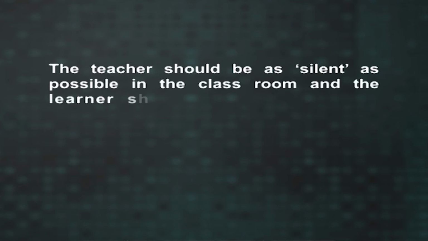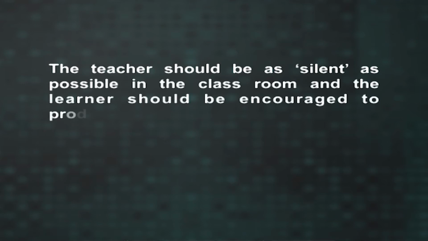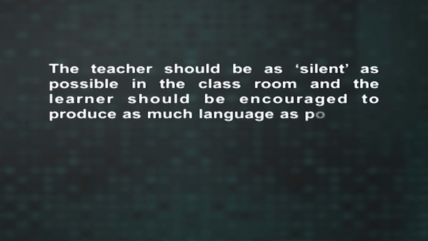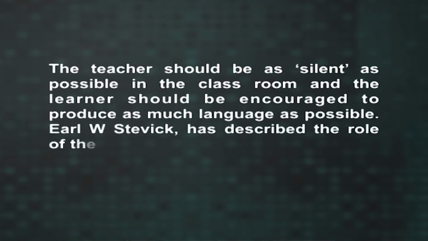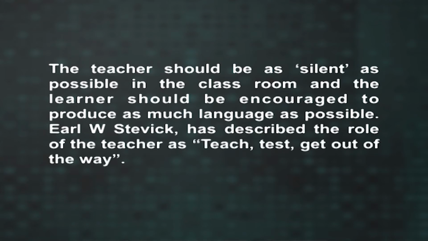It is based on the premise that teaching must be subordinate to learning. The teacher should be as silent as possible in the classroom and the learner should be encouraged to produce as much language as possible. Earl W. Stevick has described the role of the teacher as teach, test, get out of the way.